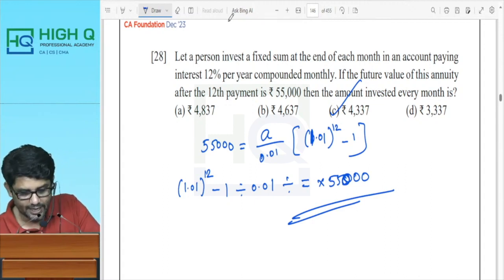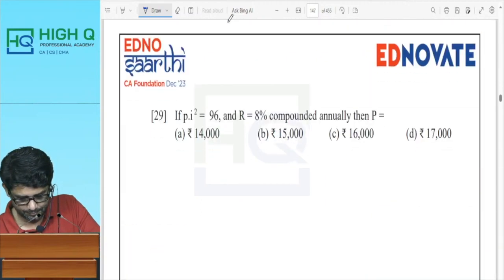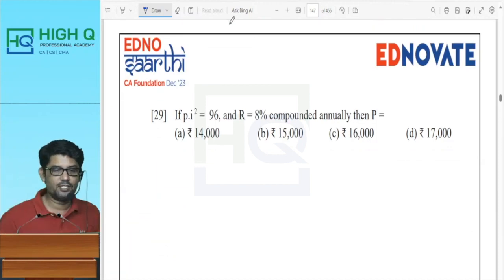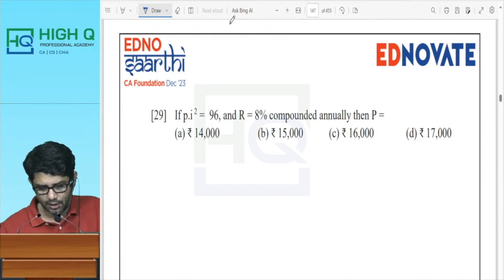Did all of you get the answer, my dear? Can you give me the answer for this question? P i square equal to 96 rupees. R equal to 8% compounded annually. Then P is equal to what? 15,000. Simply what you do, my dear? 96 divided by 0.08.